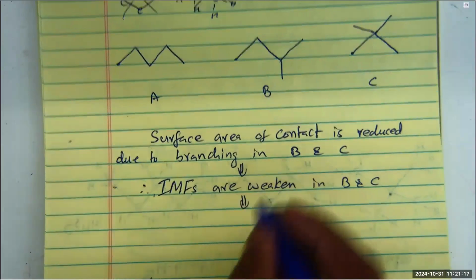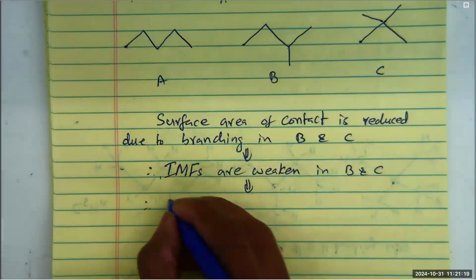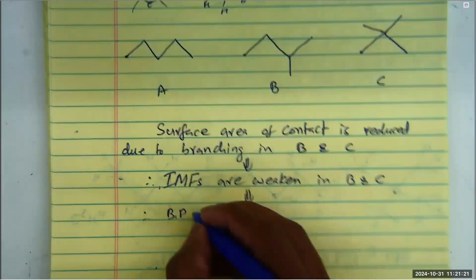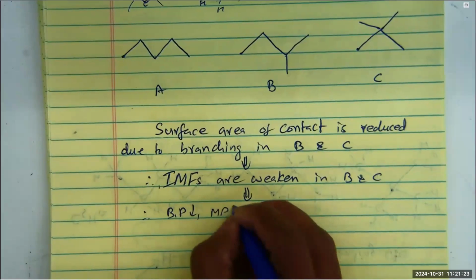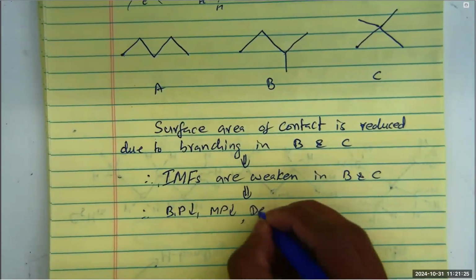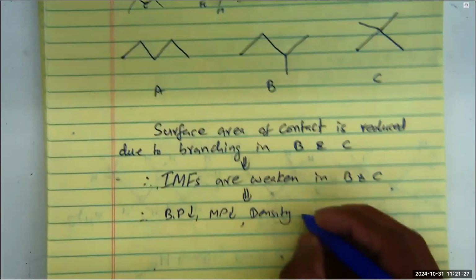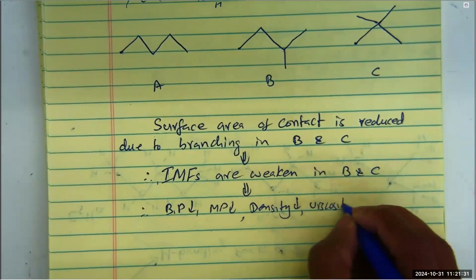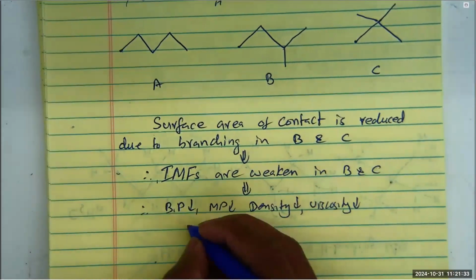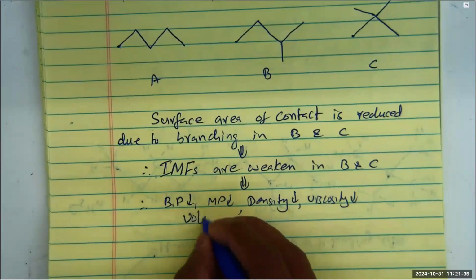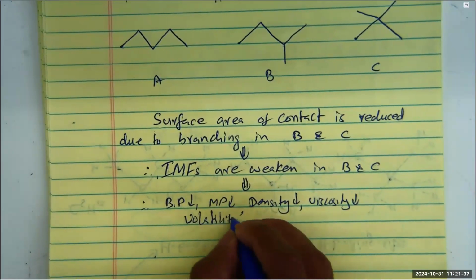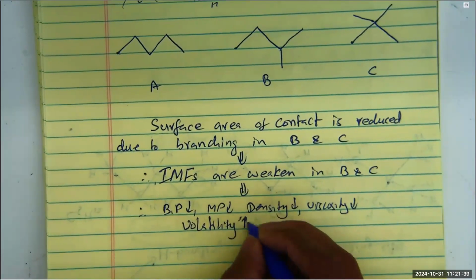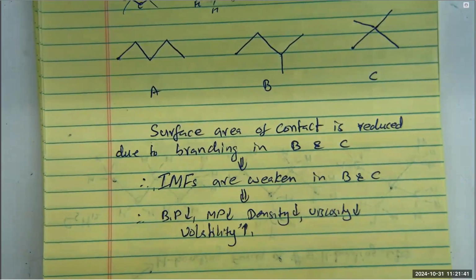As a result of that, boiling point will be lower, melting point will be lower, density would be lower. This is just making a note. Density, viscosity, all those will be lower. On the other hand, volatility will be higher because it easily goes to the gas phase now.